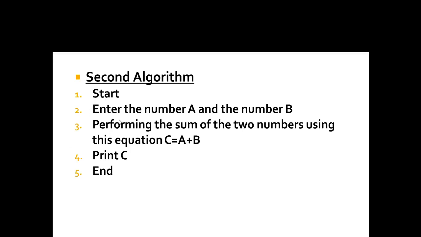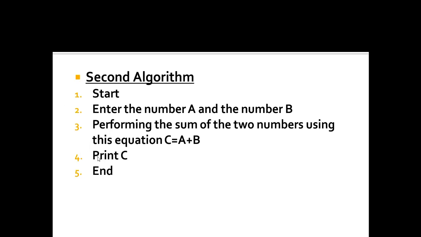The first step start, the final step end. Second step should be writing the inputs using the keyword enter, or we may use the keyword input, any of them, input or enter. Then after writing the inputs, you need to write the process or the equation. To represent the output, we're using the keyword print.